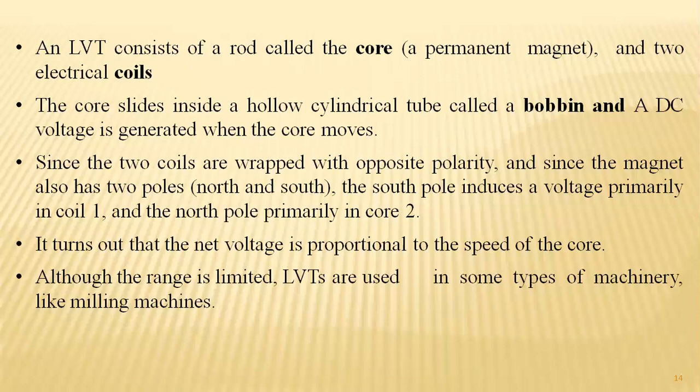Here we have the specification that even though the range is very limited, these linear variable transducers are used in many machineries in order to increase resistance capability, or to increase the RPM based upon the self-conduction of electricity, in order to increase the voltage.